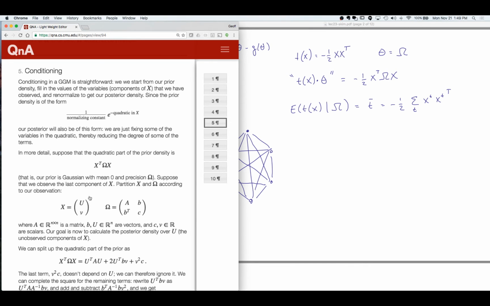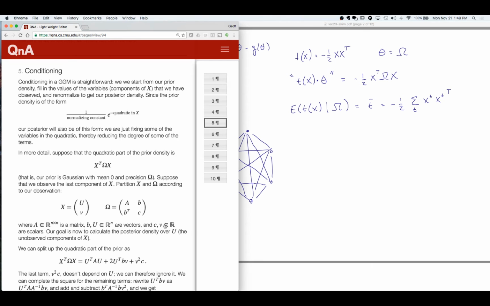Our vector x is u, which is all of the variables we didn't observe, and then v, which is the value that we did observe. And omega has a, which is the precision block that corresponds to u, c is the precision block that corresponds to v, and then b and b transpose are the cross precision blocks between u and v. Right? So a is R n by n, b and u are n vectors, and c and v are scalars.